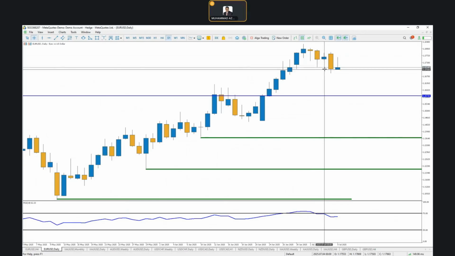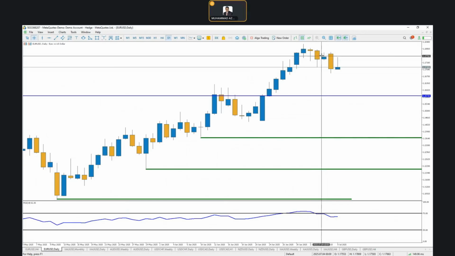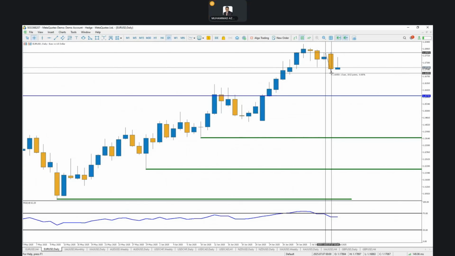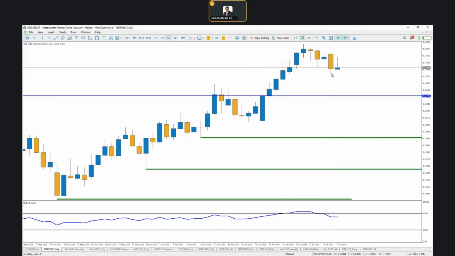So, on 4th July, we got kind of a sideways price action, but after that, we got overall 100 pips decline in Euro dollar currency pair. The euro came under pressure as markets reassessed the outlook for the ECB, with many now seeing increased odds of rate cuts later this year if the industrial slowdown persists.